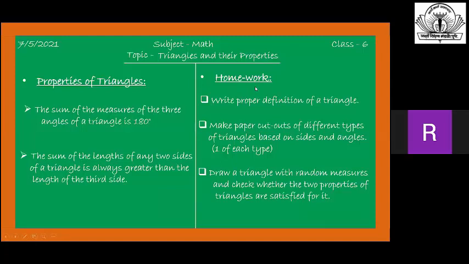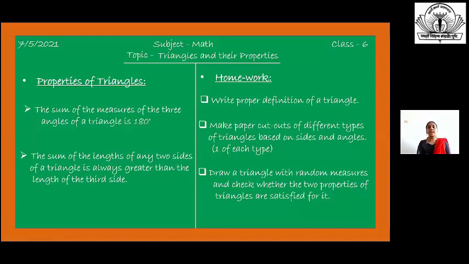Fine, ma'am. Okay, so first I'll explain the third part of the homework. Draw a triangle with random measures and check whether the two properties of triangles are satisfied for it. This means you have to draw a triangle of any random lengths. You can take the lengths of the sides as anything you want, and check the two properties.